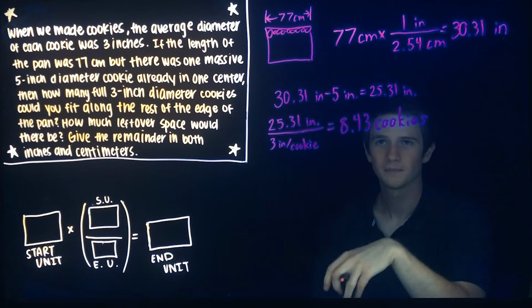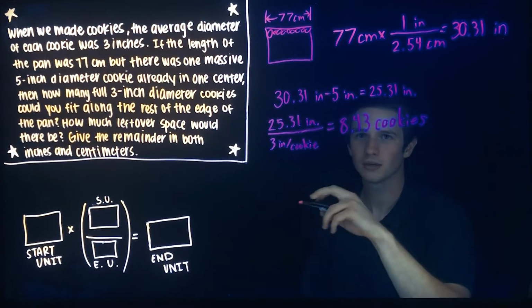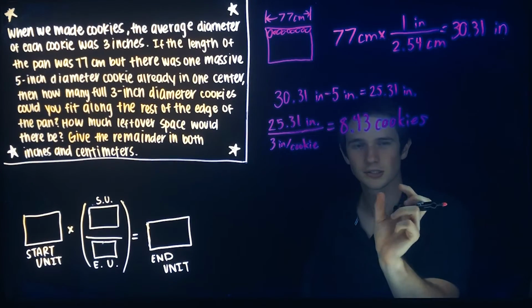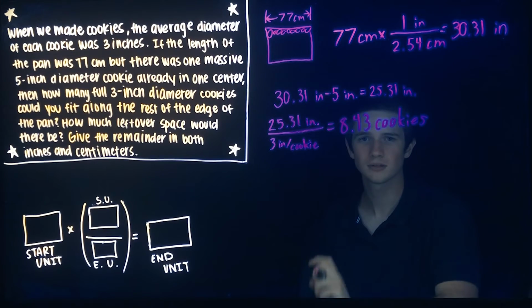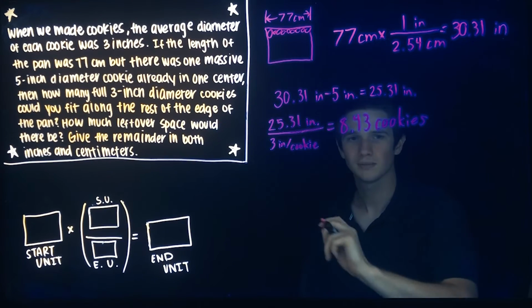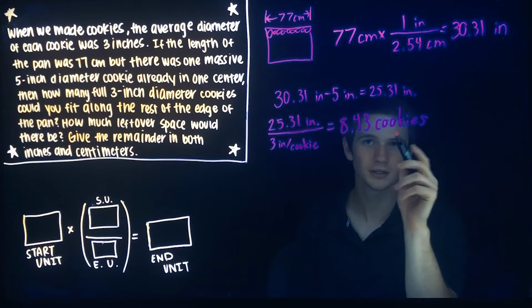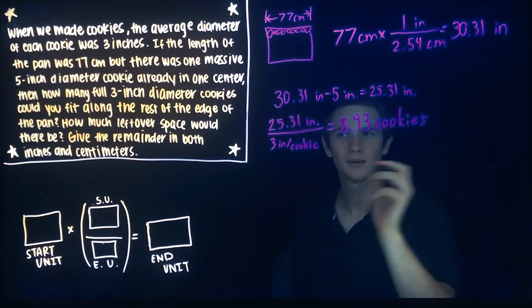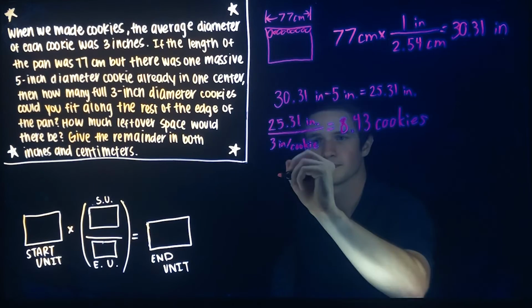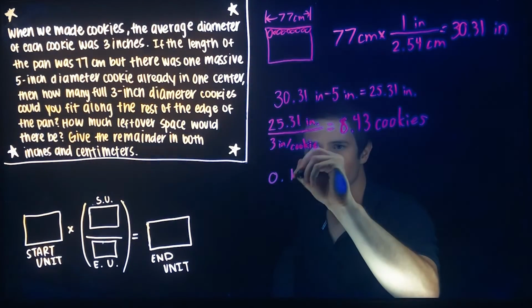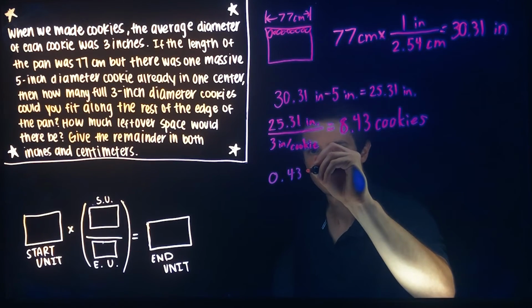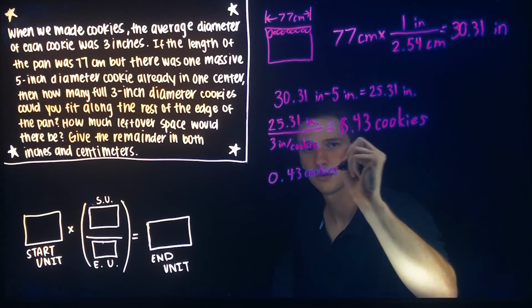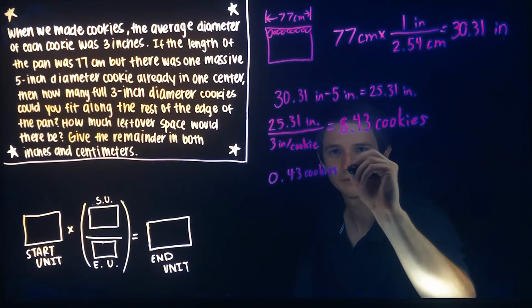Now we want to know, after those 8 cookies, we still have 0.43 cookies left over. How much distance is that in both inches and centimeters? So if a cookie is 3 inches long, let's take that remainder and multiply it by 3 inches. So 0.43 cookies. And we'll treat this as a conversion factor in itself.